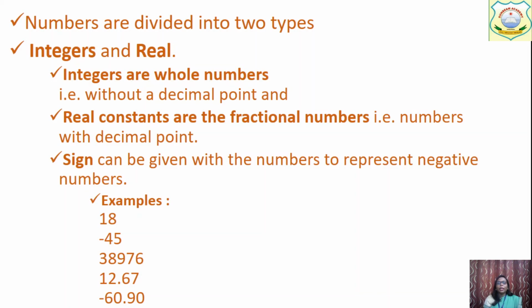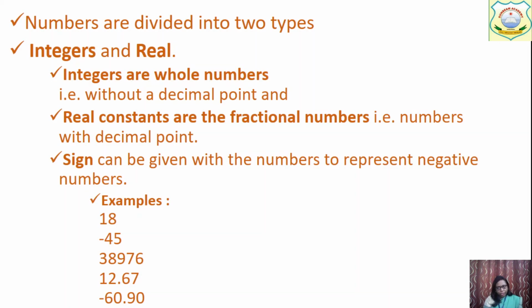Like 2, 3, 4, 5, 6 are integers, or -3, -20, -100. All these are integers. Real numbers have a decimal, like 12.36, 15.54. Wherever there is a decimal, that is a real number.